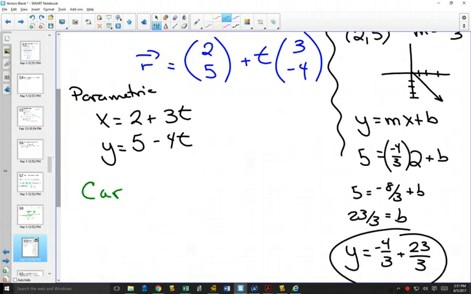Your Cartesian form is once you have your parametric forms, can you see that if you solved for t in the first one, you would get x minus 2 divided by 3? Am I doing too many steps at once there, or is that okay? So I'm just taking my first equation, x equals, I would minus 2 and divide by 3 to get t by itself. And if I did the same thing with our second equation, you would minus 5 and divide by negative 4.